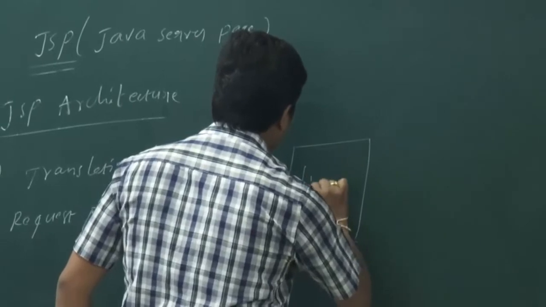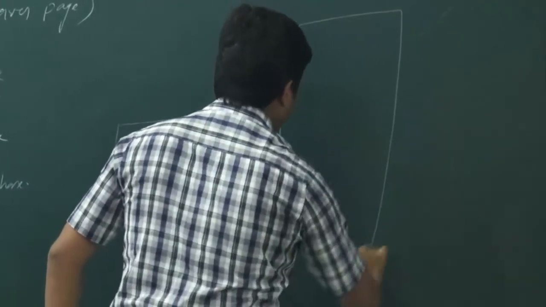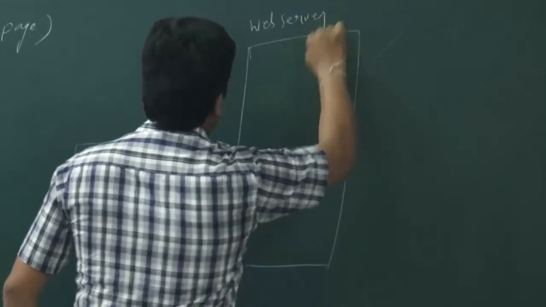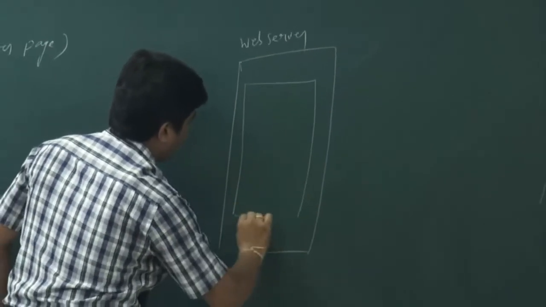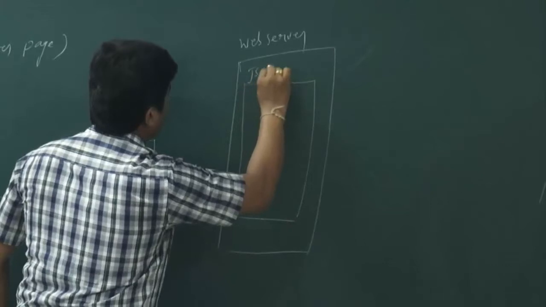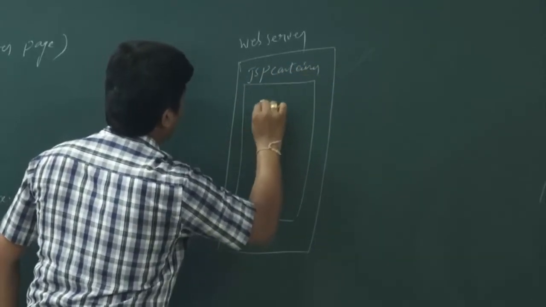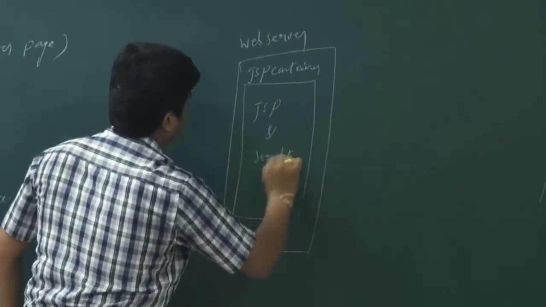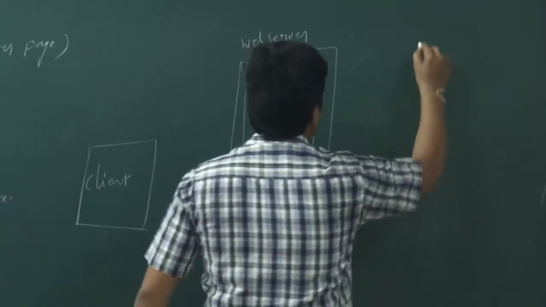So this is a client, this one is a web server, and this is a JSP container. Inside it are the JSP and servlet engine. Now let us consider a simple web page.